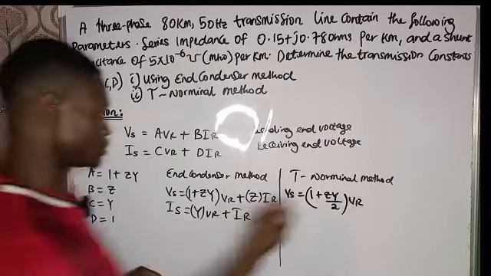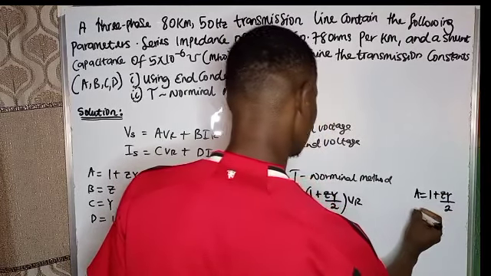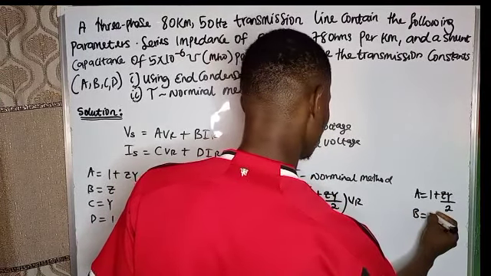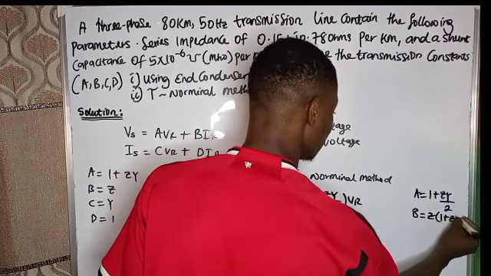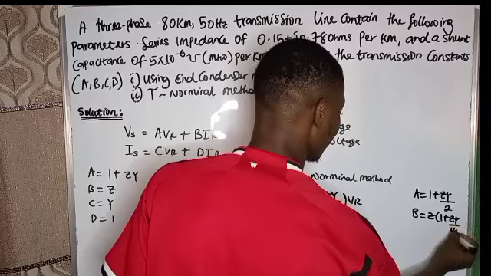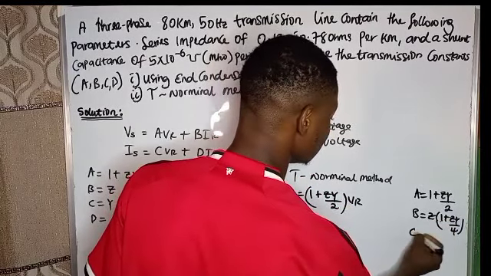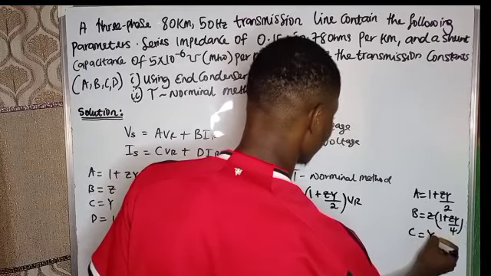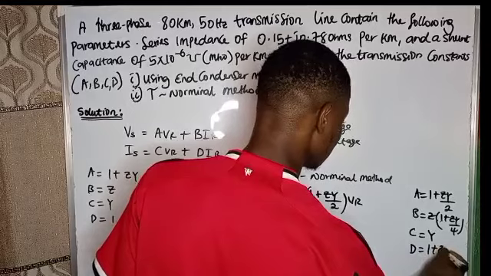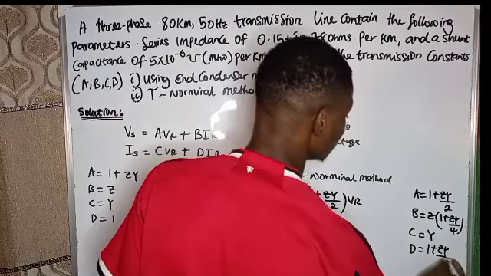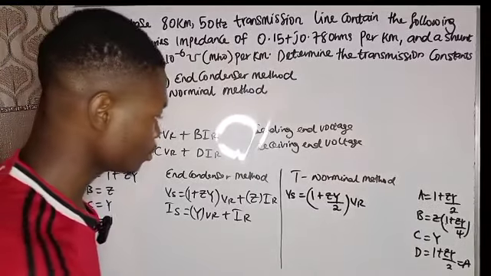Our A is equals to 1 plus Zy all over 2. Then our B is equals to Z parentheses 1 plus Zy all over 4. Our C is equals to Y. Our D is equals to 1 plus Zy all over 2, which is equals to A. So they are still the same thing.